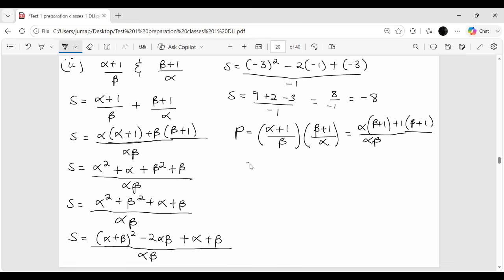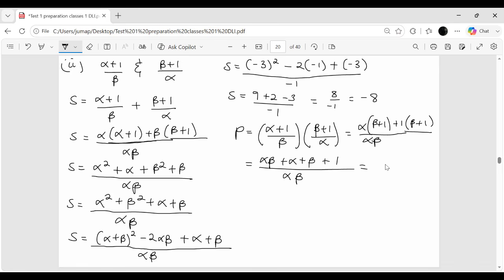As a result, this is going to be equal to alpha times beta, that's alpha beta. Then alpha times 1, that will be plus alpha. Then positive 1 times beta is going to be plus beta. Then 1 times 1, that will be plus 1, over alpha beta. Then you start replacing.